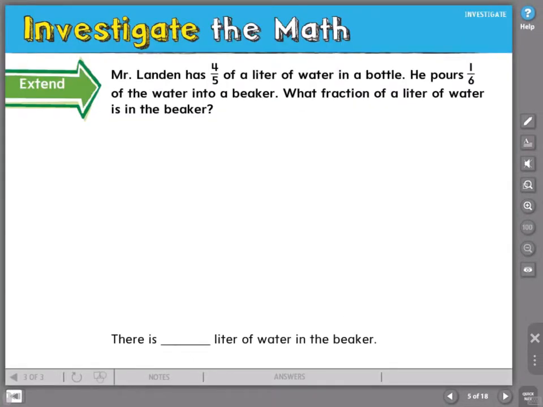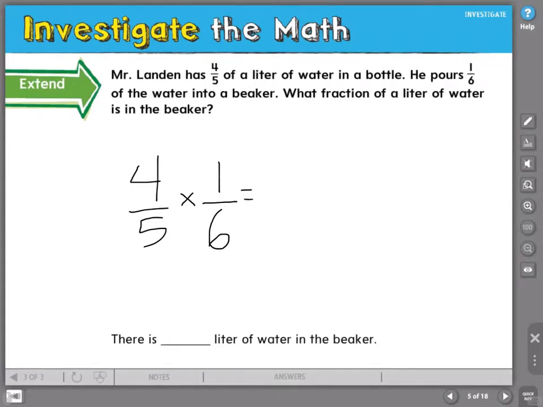Let's try this with a word problem. Mr. Landon has 4/5 of a liter of water in a bottle. He pours 1/6 of the water into a beaker. What fraction of a liter of water is in the beaker? Well, he started out with 4/5 of a liter, and we're going to find 1/6 of 4/5.